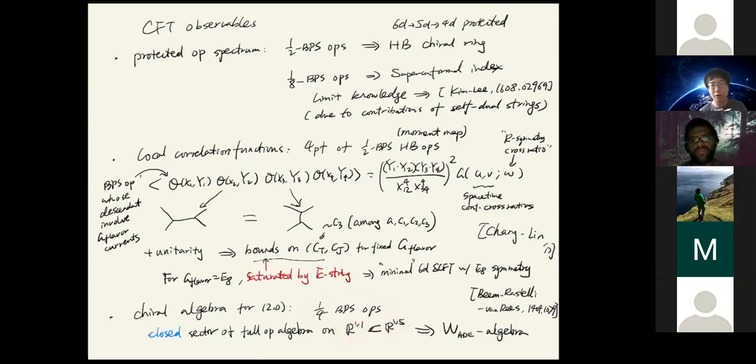And they generate a chiral algebra in the sense that there's non-trivial dependence on the holomorphic coordinates on this plane. And the structure of this operator algebra is equivalent to that of a W algebra labeled by the ADE Lie algebra that labels the (2,0) theory. Okay, this is a very nice paper that appeared in 2014.